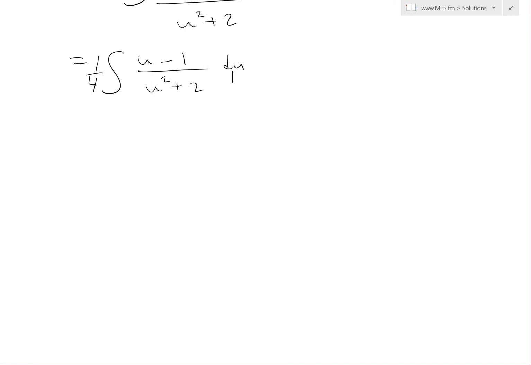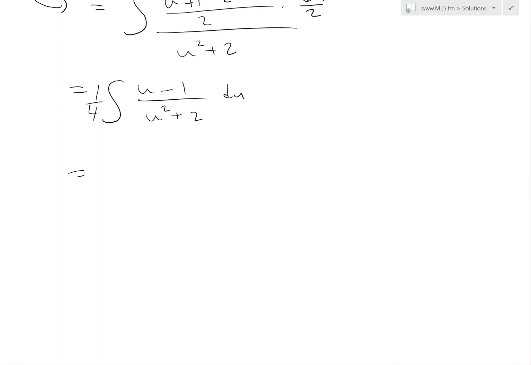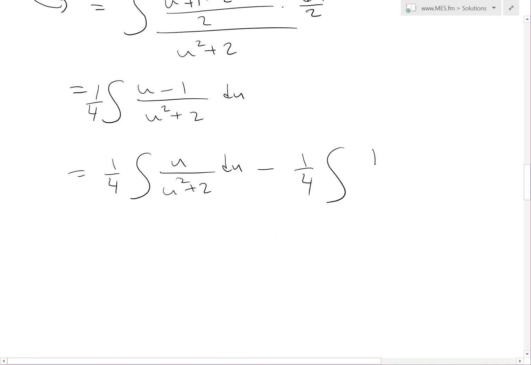Now that we have this part, we could break this into two integrals. So we get 1 over 4 integral of u over u squared plus 2 du, minus 1 over 4 integral of 1 over u squared plus 2 du.